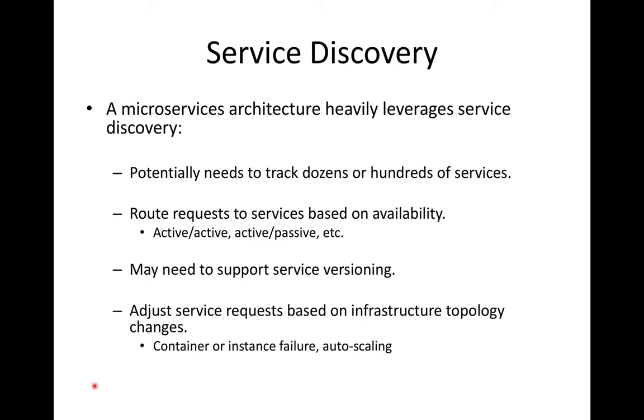You'll have different services that are running in an active sort of configuration. You'll have other services which are running in active passive configuration. And so services need to be able to figure out which other services are active and need to understand how to route requests to those active services.